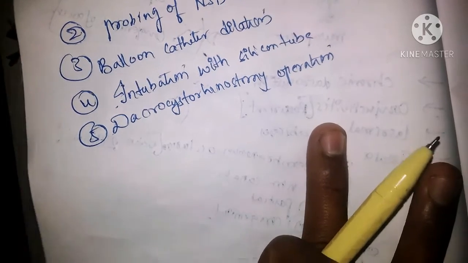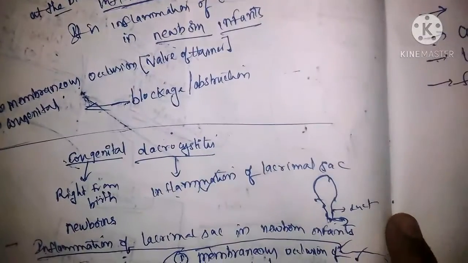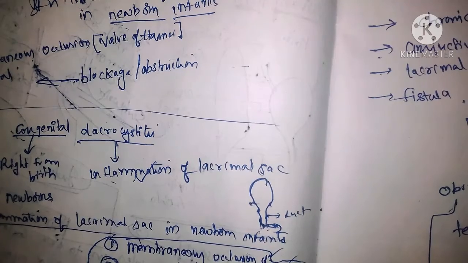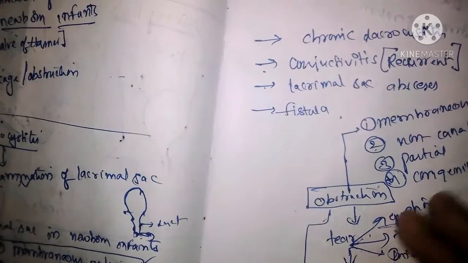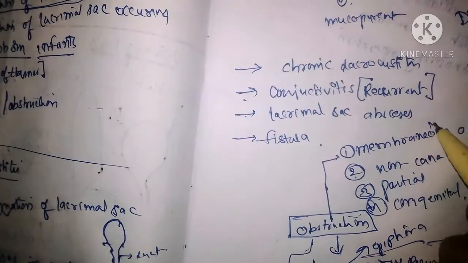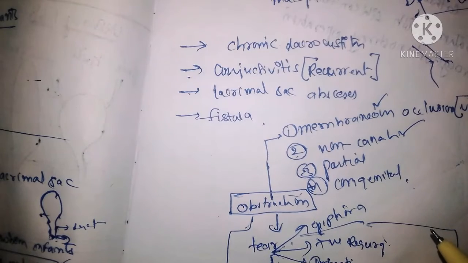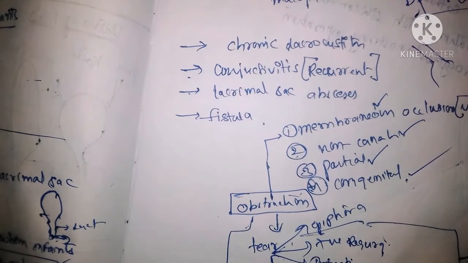So this is about congenital dacryocystitis. I'll just try to rewind once again. Here there is inflammation of the lacrimal sac. This inflammation is due to obstruction, right? Obstruction has many causes. One is membranous occlusion of the nasolacrimal duct, non-canalization, partial canalization, and sometimes congenital obstruction as well.